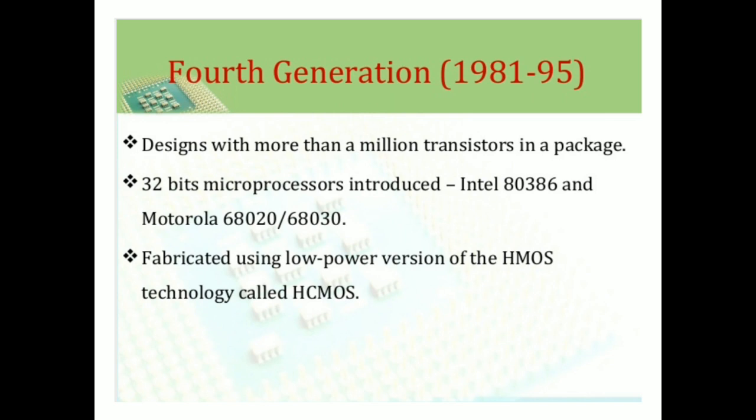Intel introduced the 80386 and Motorola introduced the 68020 or 68030. They were fabricated using high-density, high-speed complementary metal oxide semiconductor, that is HCMOS, a low power version of the HMOS technology.